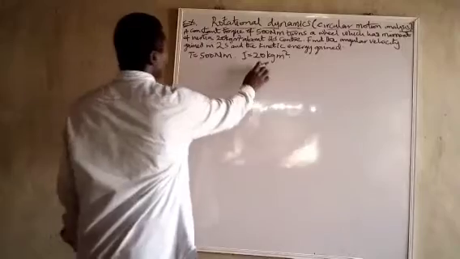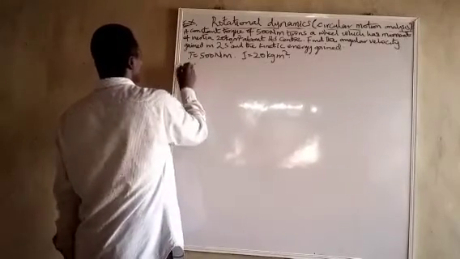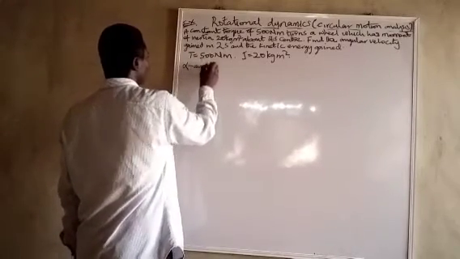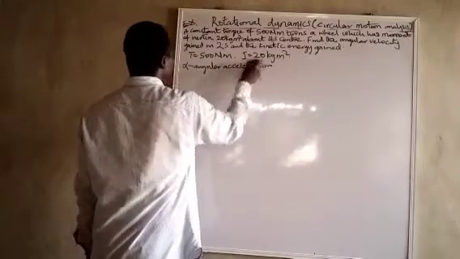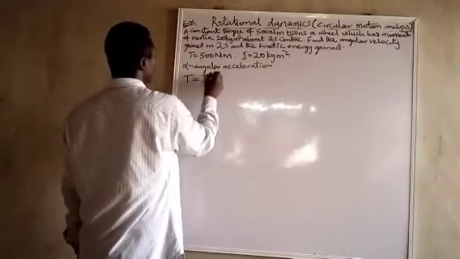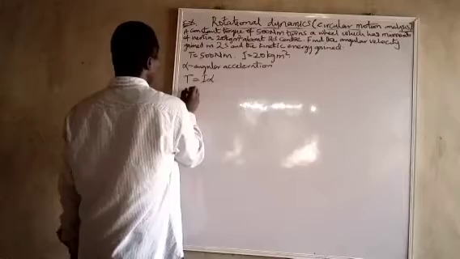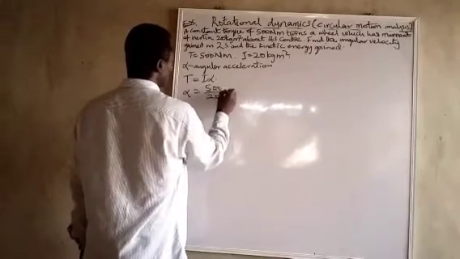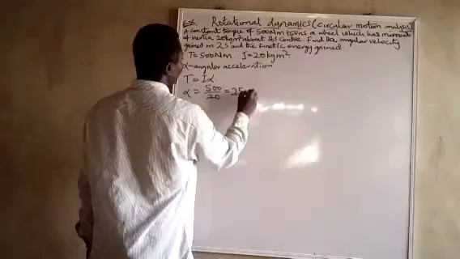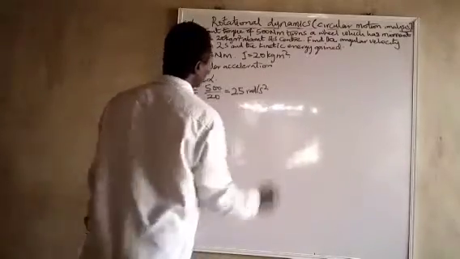So from here we know what the angular acceleration is. Torque is equal to I alpha. Therefore, alpha is equal to 500 over 20, which is 25 rad per second squared.